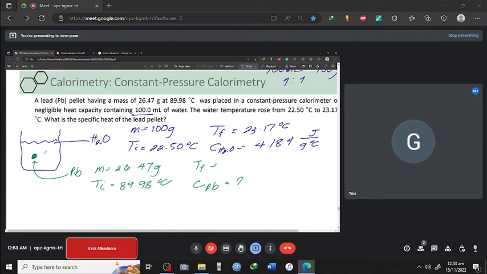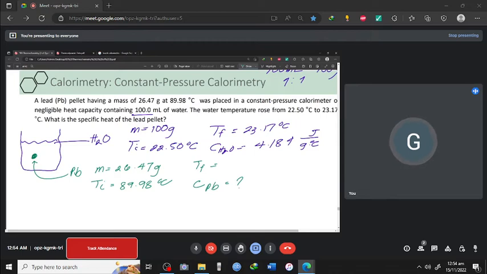Ngayon, kapag may dalawa kang object na magkaiba yung temperature, katulad nga sa situation natin ngayon, mas mainit yung lead pellet natin kesa sa water, at a certain point, as time goes by, there will be a time kung saan magiging equal na yung temperature ng water natin at saka nung lead pellet natin.